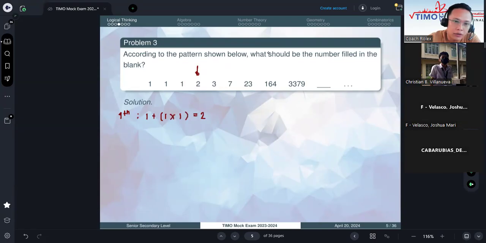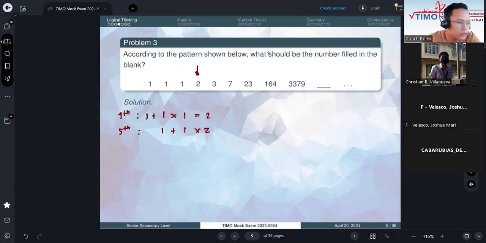Now for the fifth, you will have 1. Okay, we have 1 plus 1, we try to align them all, times 2. This is equal to 2.